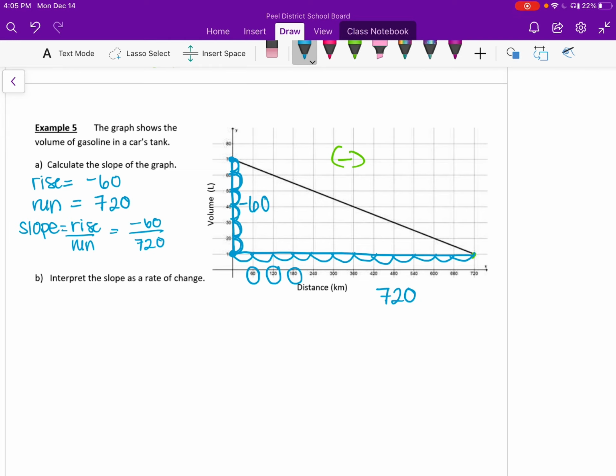is going to give me a decimal number, or I can just find the lowest common denominator here. So I'm going to divide by 10. It'll give me 60 over 72. And I feel like I can reduce that even more. 72 divided by 3 is just 24. And then I'm left with 6 divided by 3 is 2. So I'm left with 2 over 24. Okay? And that's what my slope is.